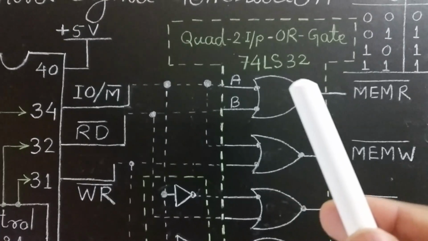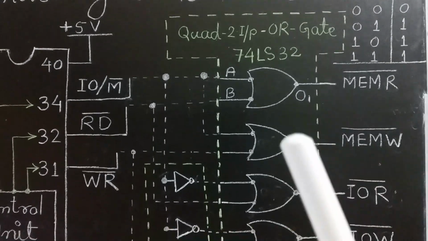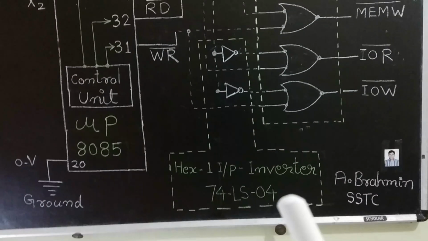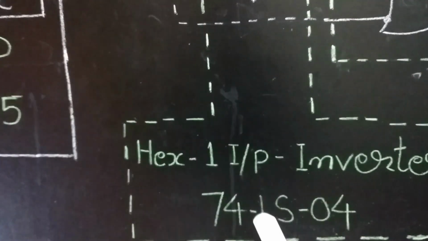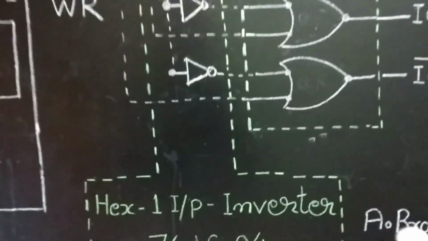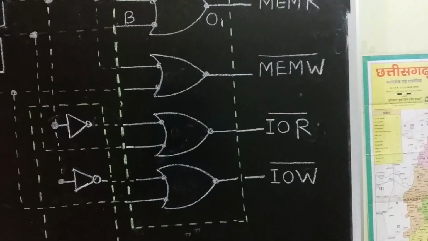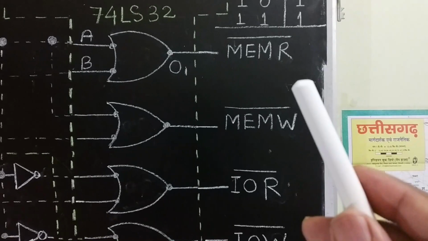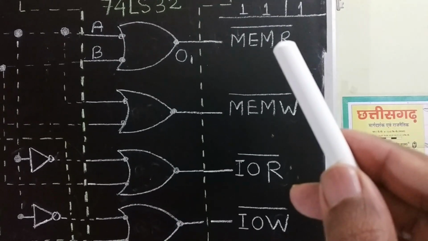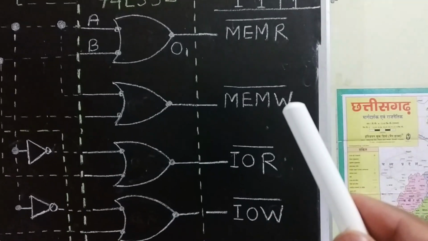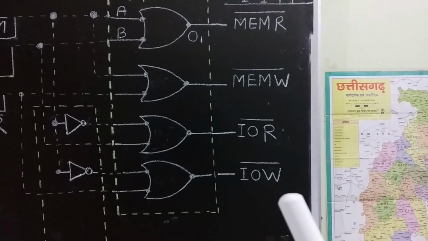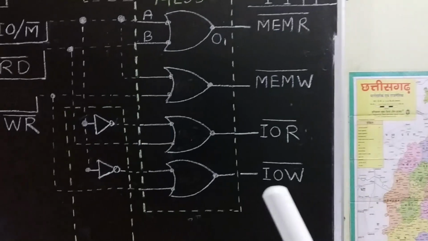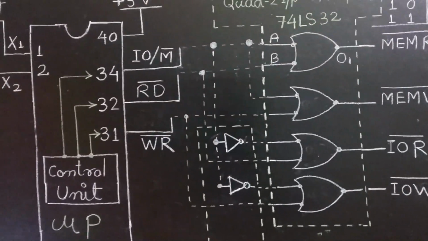One is the 74LS32, the OR gate, and the other is the hex inverter, 74LS04. With these, we have to generate the important 4 signals: first memory read, second memory write, third IO read, and fourth IO write. Now we will understand it.